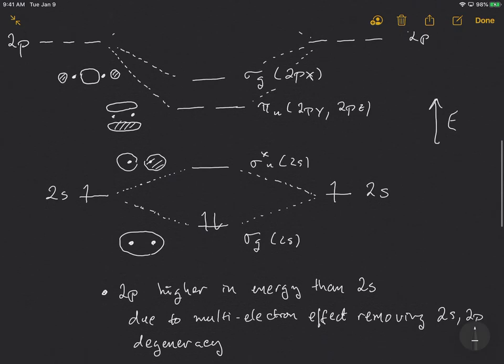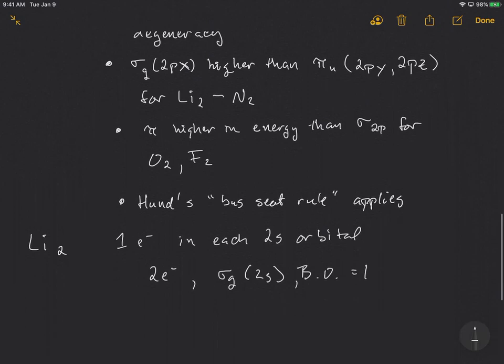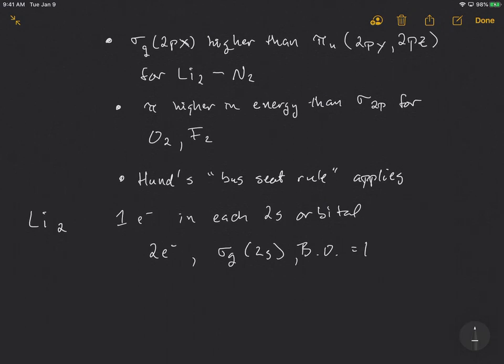Also, in the lowest energy state of this system, those electrons are going to be spin paired, 1 spin up, 1 spin down. And so there's no net spin for this molecule, and so it is a singlet. And it is diamagnetic because it doesn't have any unpaired spins.